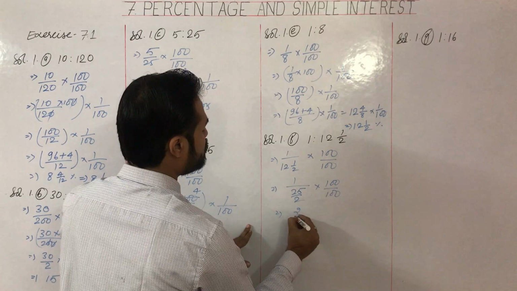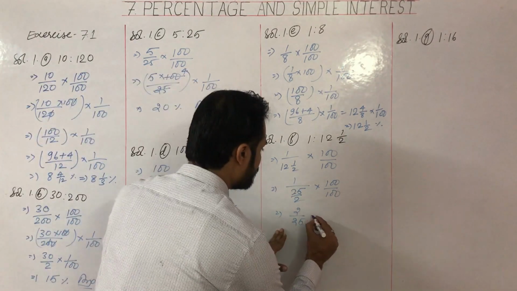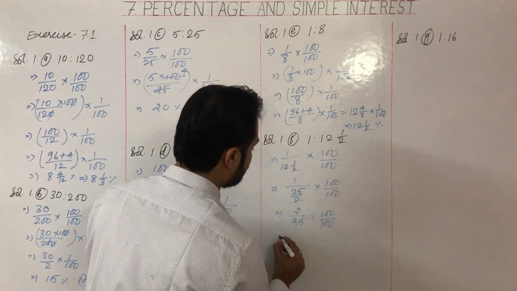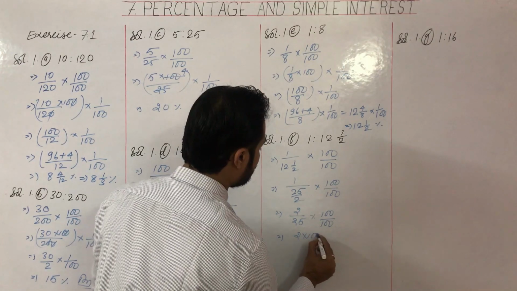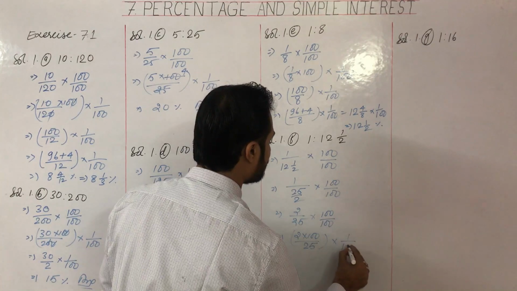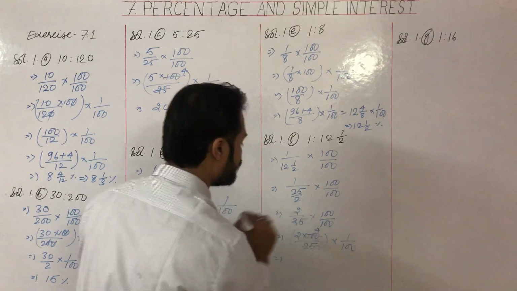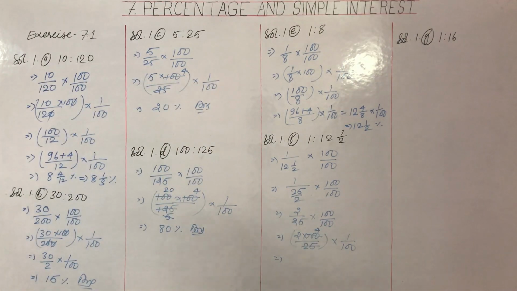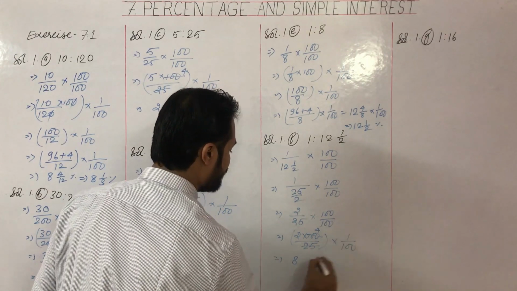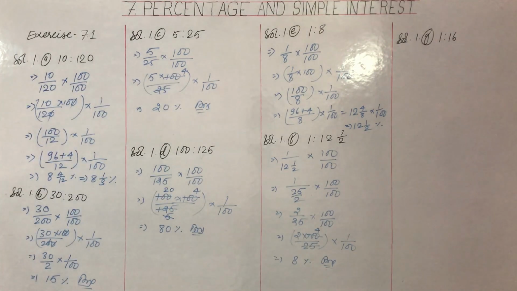Again we can write 2 by 25. 2 by 25 into 100 by 100, then 2 into 100 by 25, and separately 1 by 100. So 25 ones are 25, 25 4s are 100. So 4 into 2 is 8, and 1 by 100 becomes percent. So 8% is the answer.